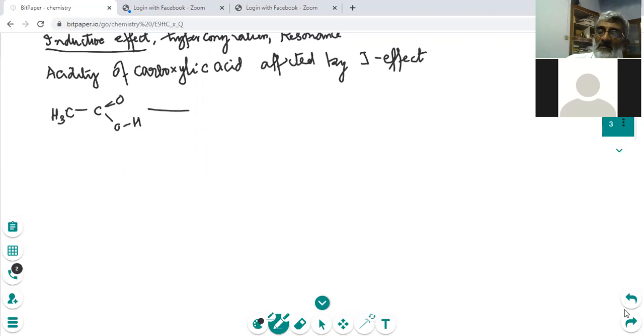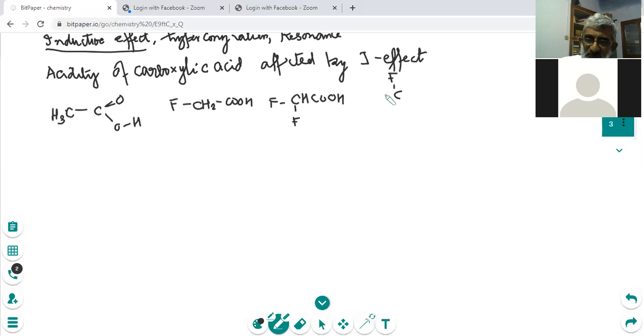Then I take another compound where I replace one of the hydrogens with a fluorine atom, then two hydrogens with fluorine atoms, then three hydrogens with fluorine atoms.